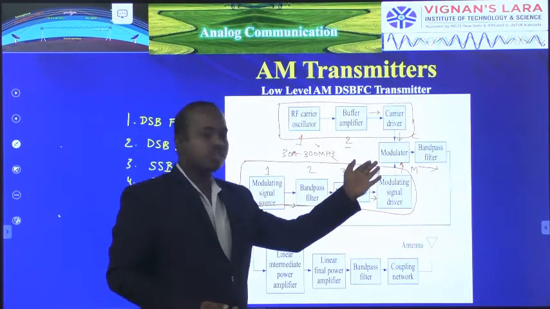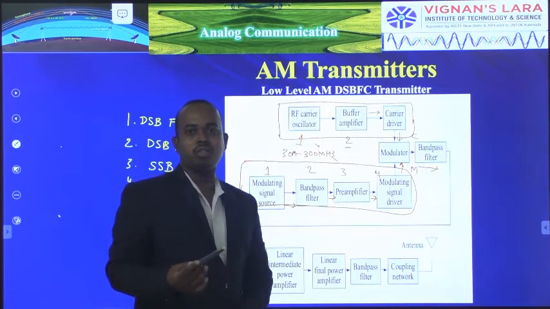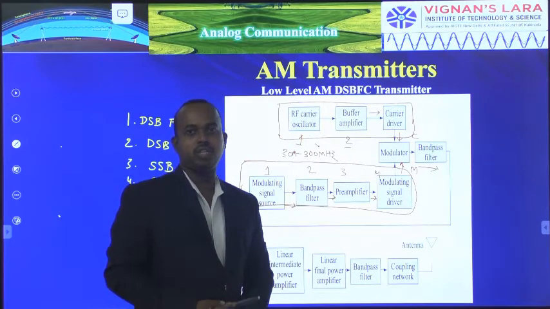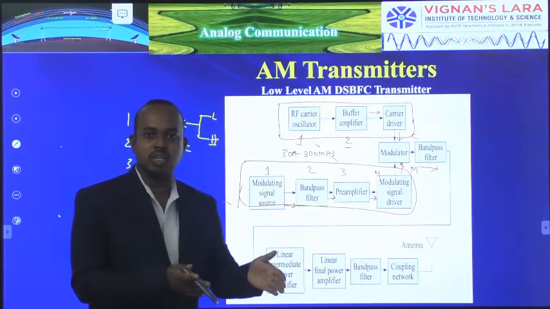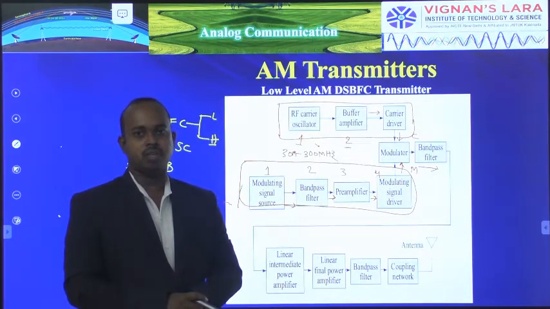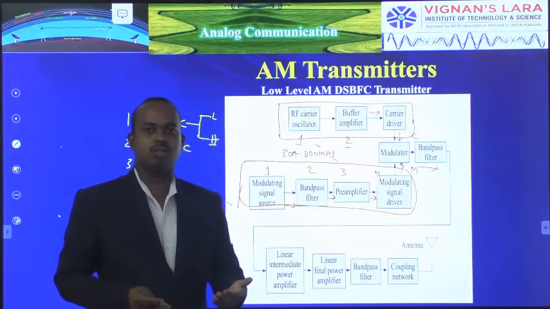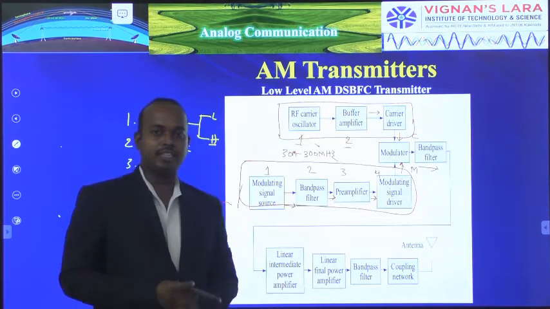Here the frequency is increased, but it is not sufficient, so you have to assign the signal to a power amplifier. The power amplifier raises the power of the modulated signal.